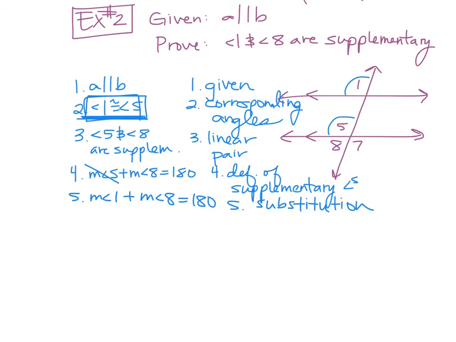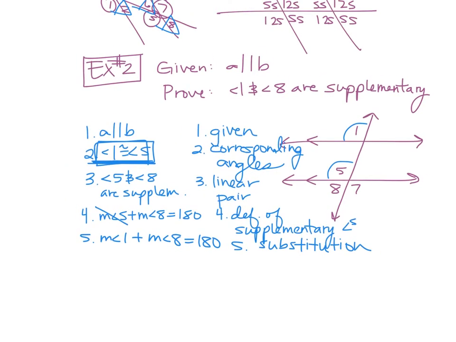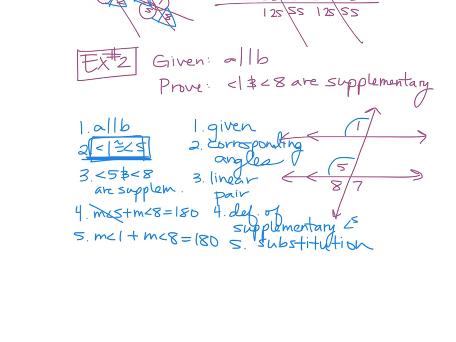Okay. Now they asked us to prove that 1 and 8 are supplementary. Well, we just said 1 plus 8 equals 180. So now we can say angle 1 and angle 8 are supplementary. Why?